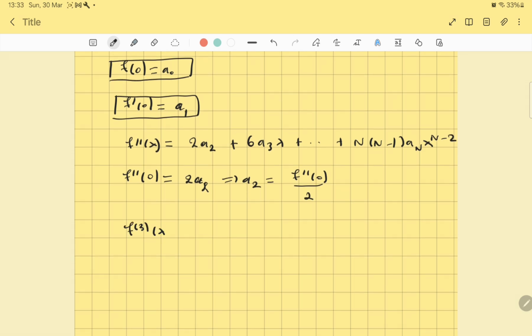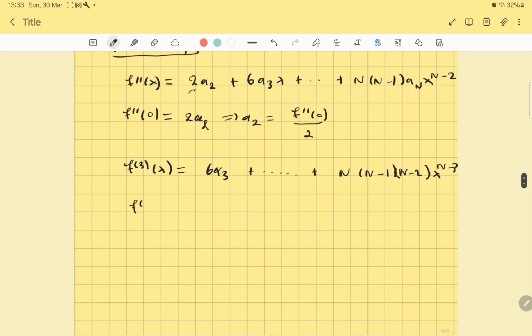Let's calculate the third derivative of the function. If I calculate the third derivative of the function, this term here will vanish and I will just have 6a3 plus the other terms, plus n minus 1, n minus 2, x to the n minus 3. Evaluate the third derivative at 0.